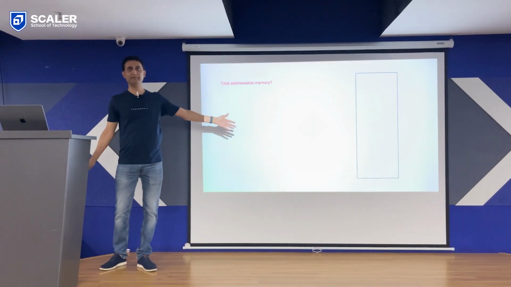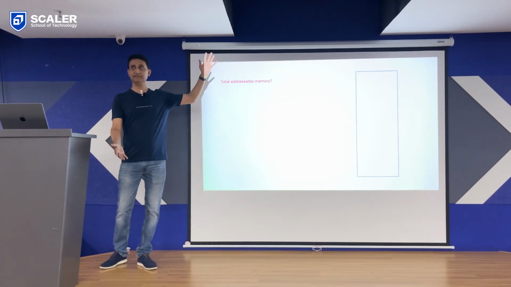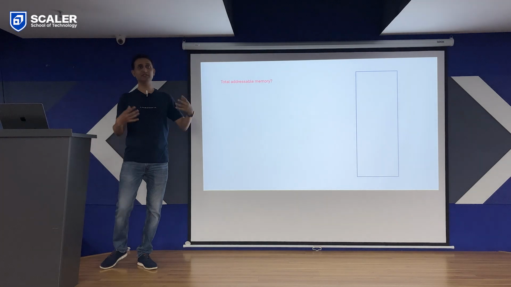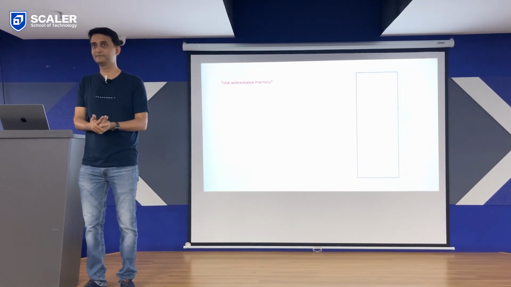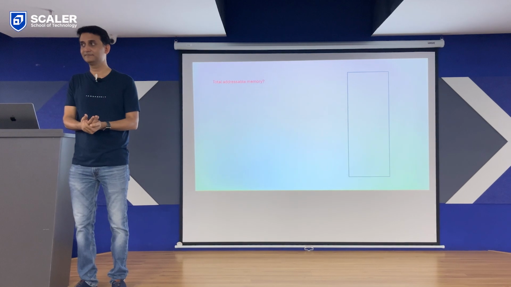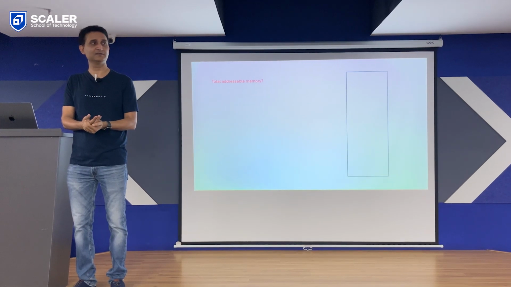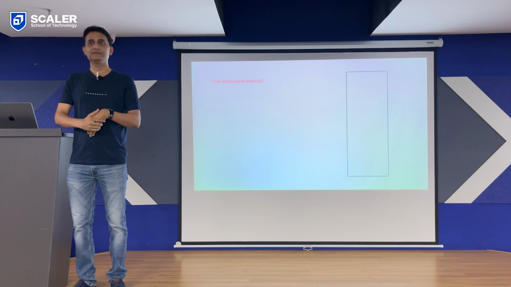Let's say that is my overall memory that is available to me. What is the total addressable memory that is available to a program? In your normal machines, how much memory is available to the programs?